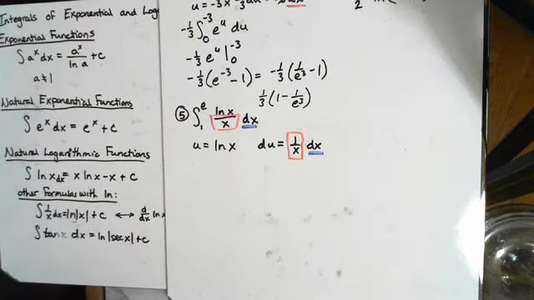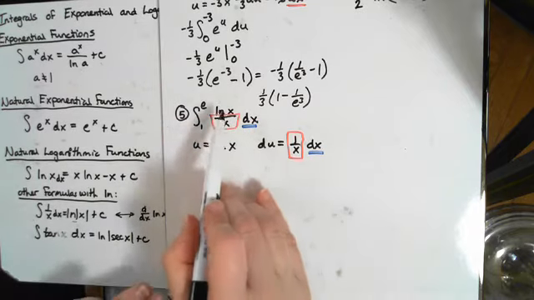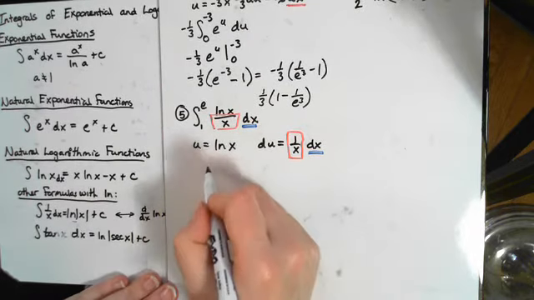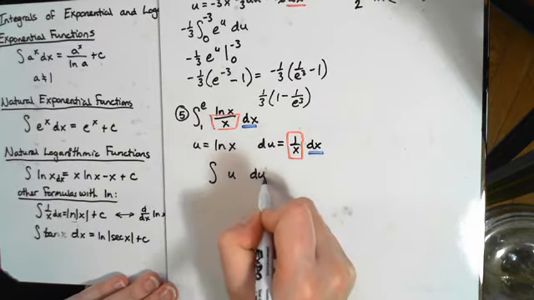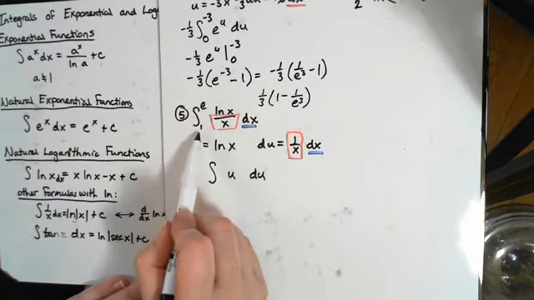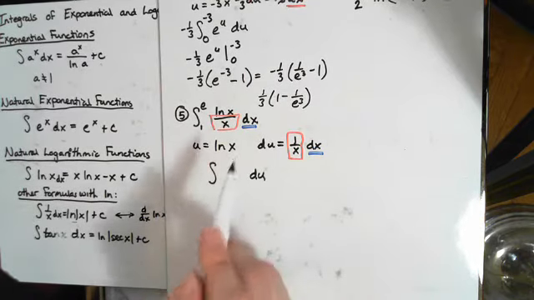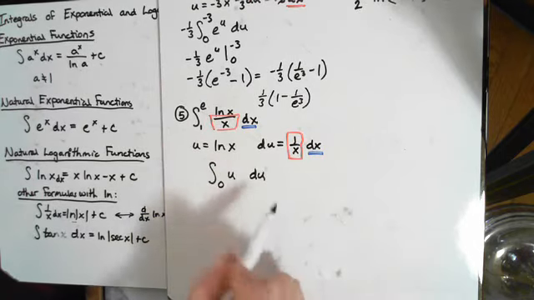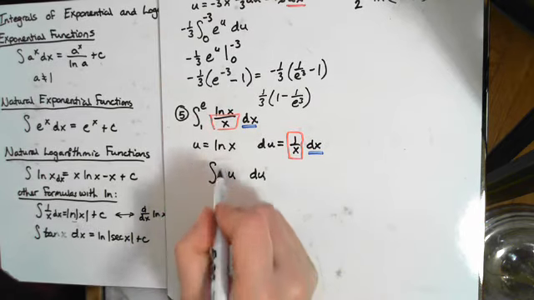So those can both be replaced, so I just have a du that's going to go in for them. And the natural log of x is going to turn into a u. So I have the integral of u du. Now, I can take the limits and put them in. The natural log of 1 turns out to be 0. And the natural log of e turns out to be 1.